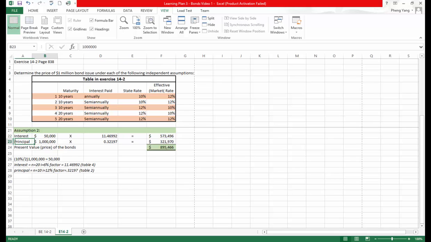All right, principal is still 1 million, and our factor is at 20 periods for 6%. If we look at table 2, the factor we use should be 0.31180. So with that, our present value price of the bonds for assumption 2 is 885,296.